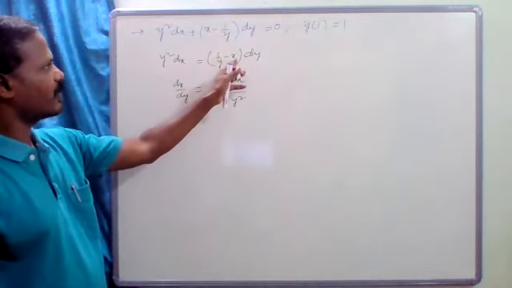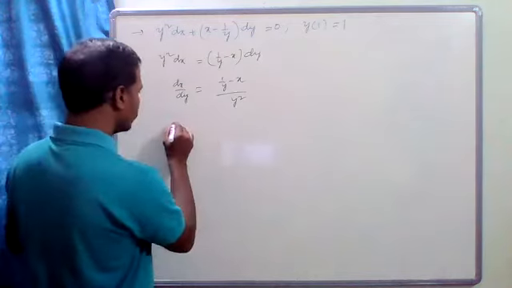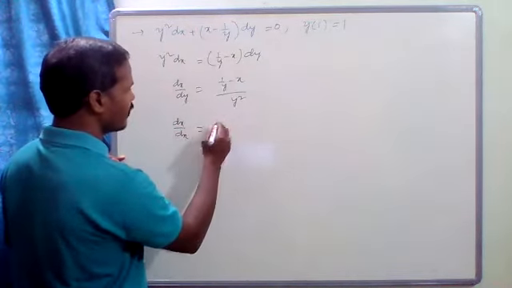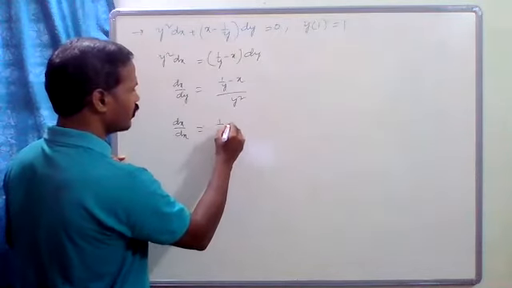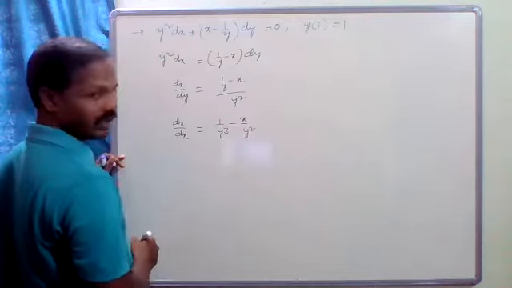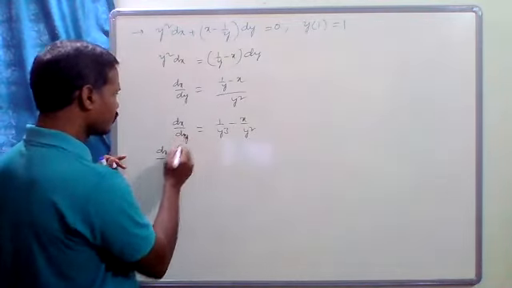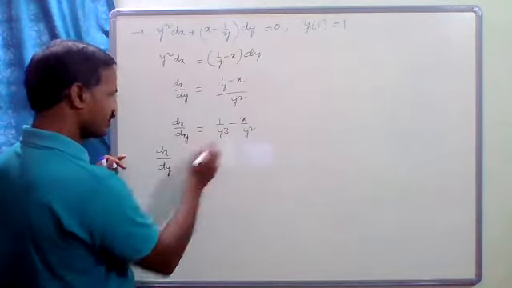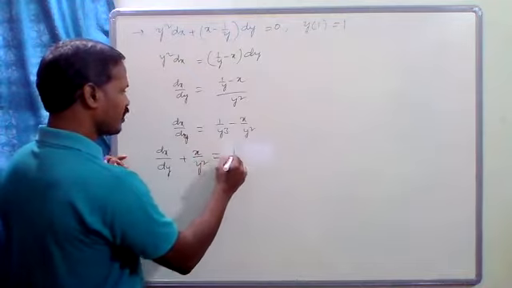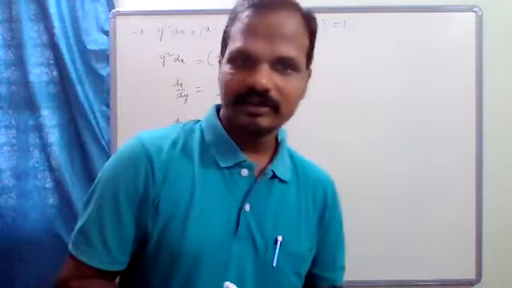Now dx by dy equal to 1 by y cube minus x by y square. So dx by dy plus x by y square equal to 1 by y cube. Now this is in the second case.